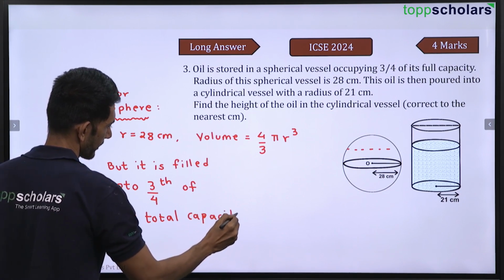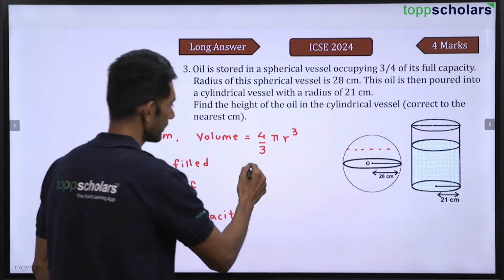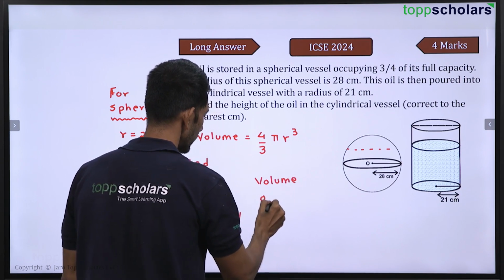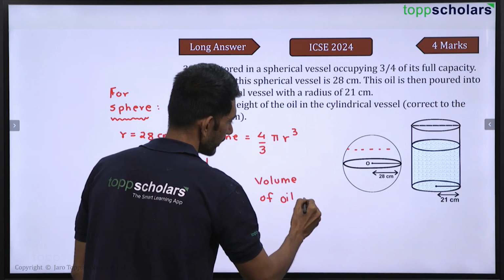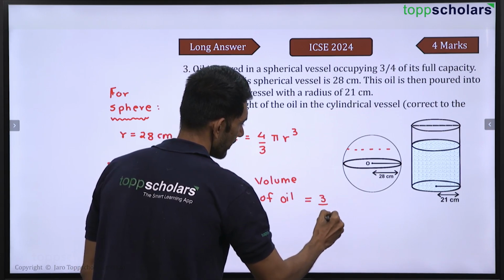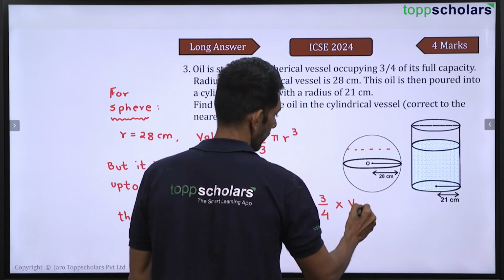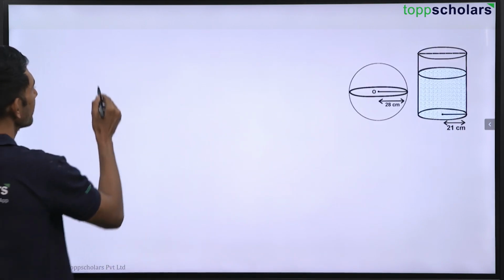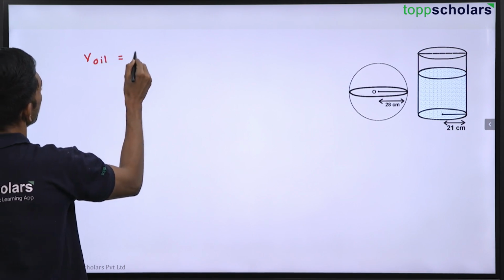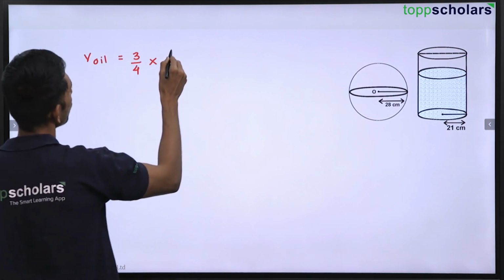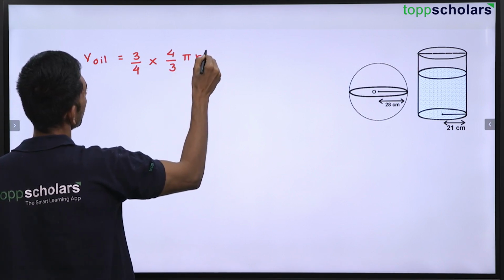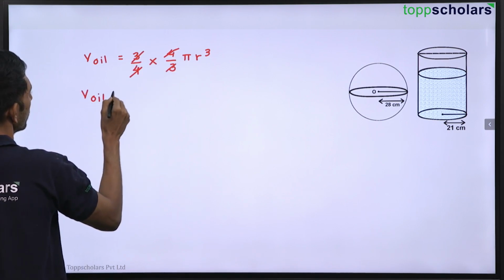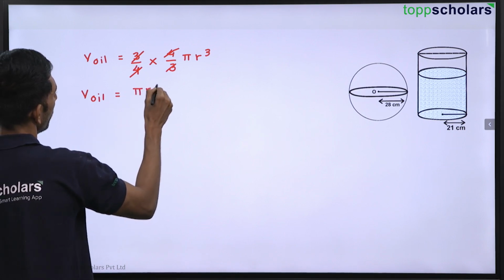So can I say the volume of oil is equal to 3/4 into the volume of sphere, which is 4/3 pi r cube. 4 gets cancelled, 3 gets cancelled. So volume of oil is equal to pi r cube.